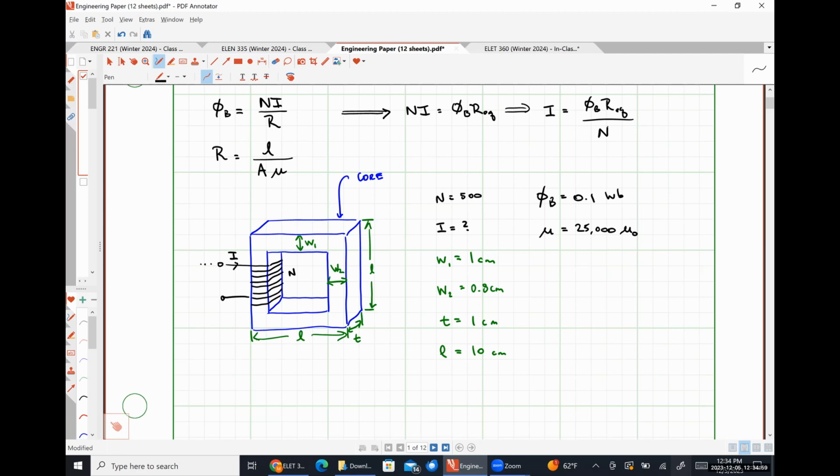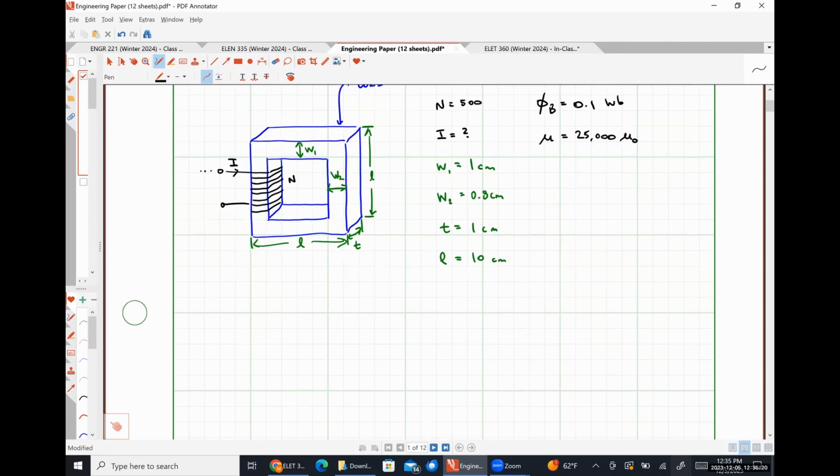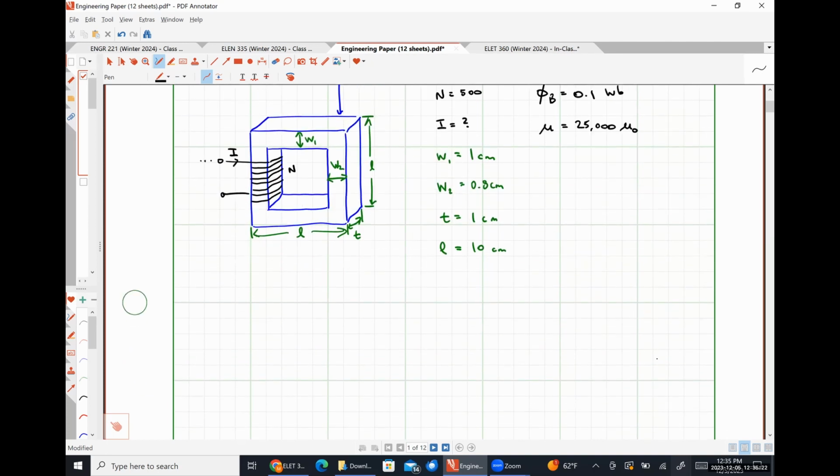So which of these numbers do we already know? Let's start there. We know phi b, and we know n. So the only thing we don't know in order to solve for our current I is the equivalent reluctance of this particular core structure, okay? So I'm going to represent this structure like an electrical circuit.